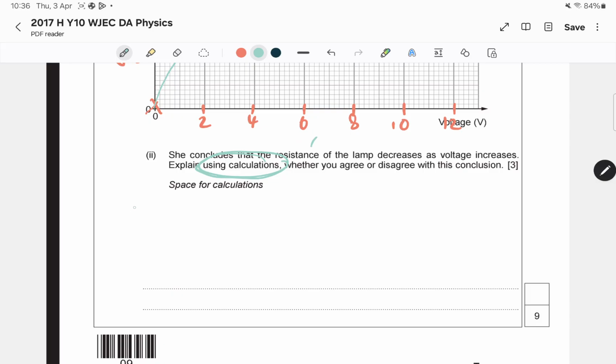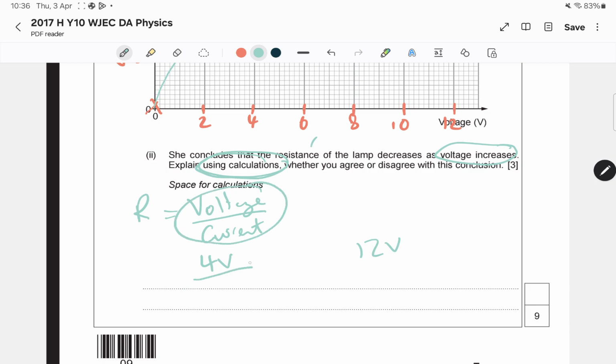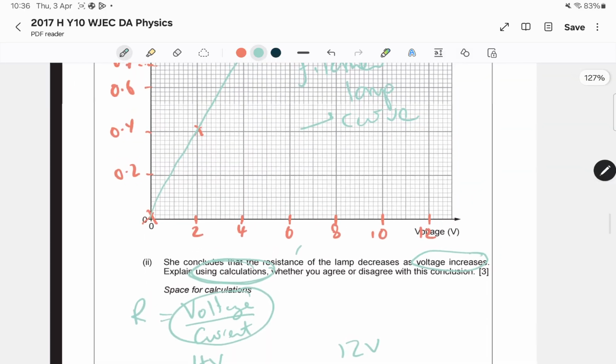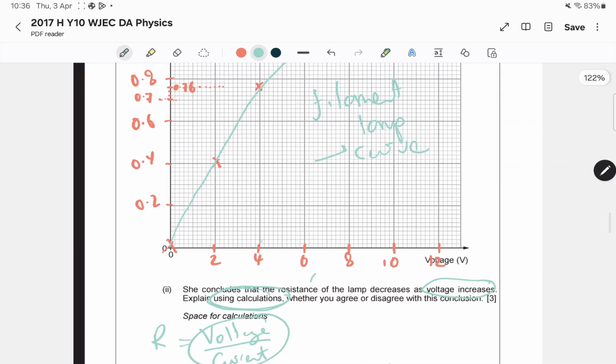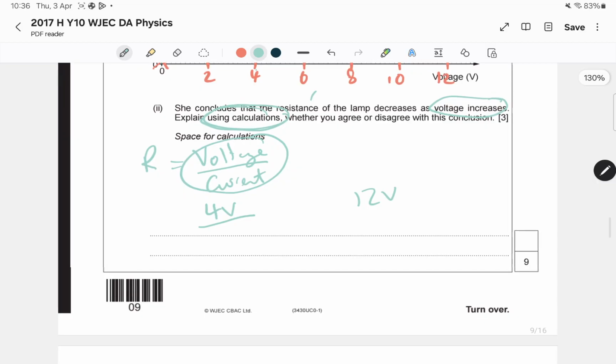So we need to look at the resistance. Resistance is voltage divided by the current. That's on page 2. So let's do some for different voltages and we'll see. Let's do 4 volts and let's do 12 volts. At 4 volts, I've got 4 volts divided by the current at 4 volts, which is 0.76.